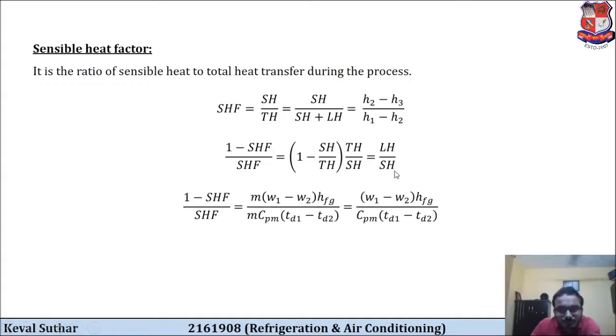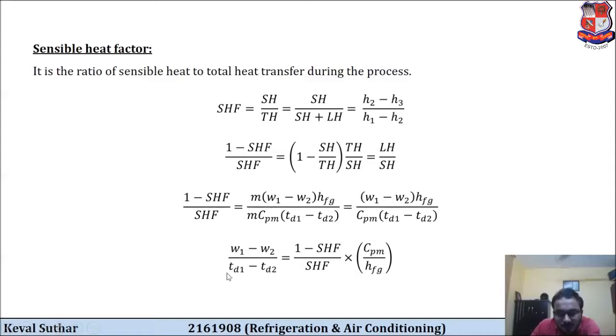And then LH is what? M into W1 minus W2 into HFG, that is from our previous slide, divided by sensible heat, which is equal to mCp delta T, that is delta T here is TD1 minus TD2, and then we are getting this formula. So if we make this as a subject, that is W1 minus W2 divided by TD1 minus TD2 like this, then it will be a combination of sensible heat factor, Cp m and HFG.